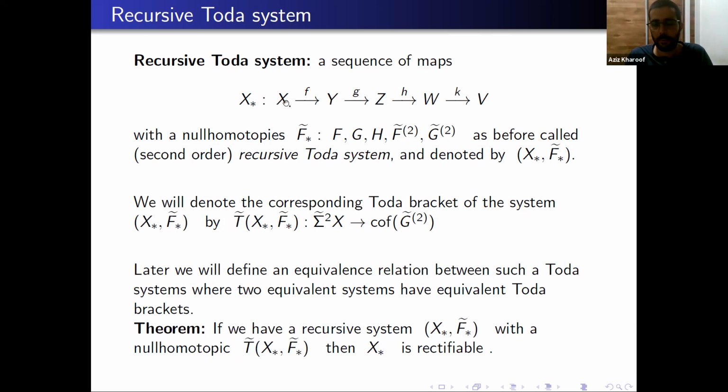In the situation of the composition, it's null homotopic here and here and here. Not always can we, for every such diagram, replace it up to homotopy with something where the composition is constant.